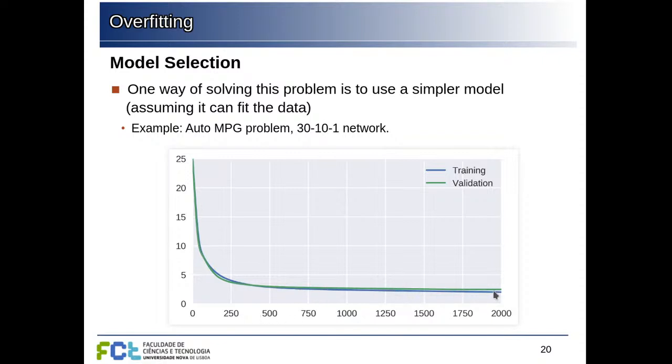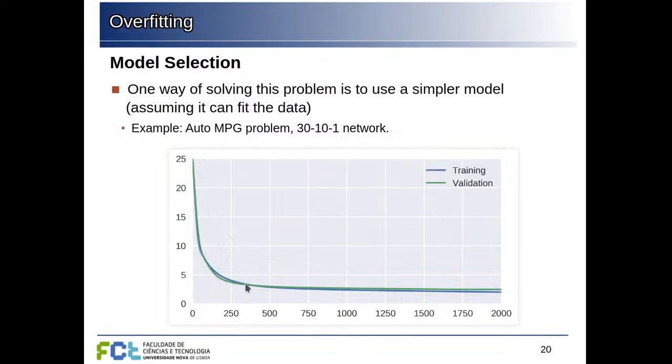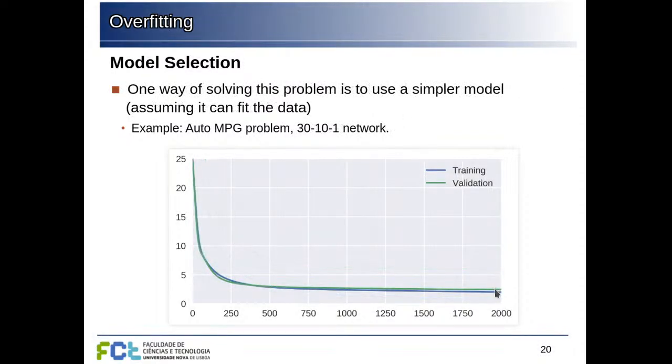Note that the error on the training set is now higher, so we had to reduce a bit the power of the network and its ability to adjust to the training set. But the error on the validation set, which is the one that really matters when we apply the network to make predictions, is now much lower than it was previously. So this is a better network than the other one if we want to predict the miles per gallon in future examples outside the training set.